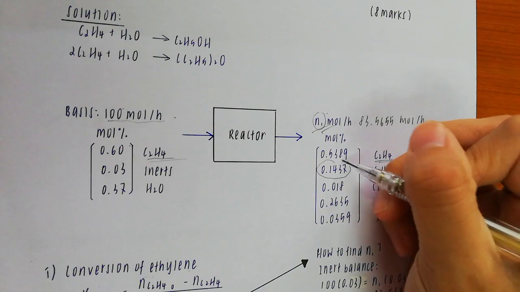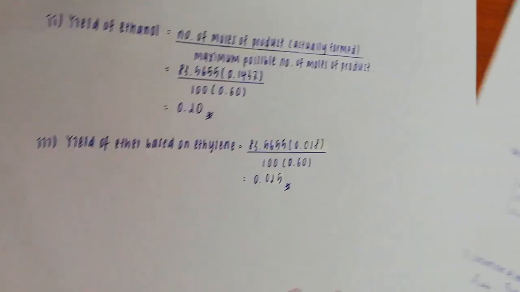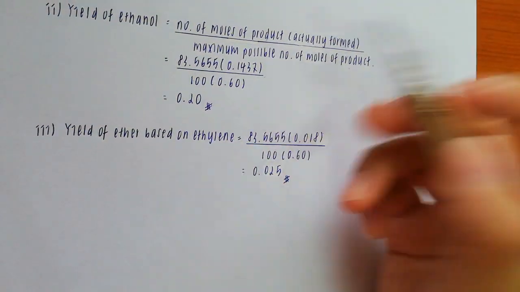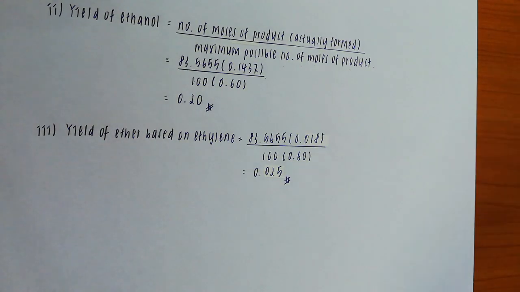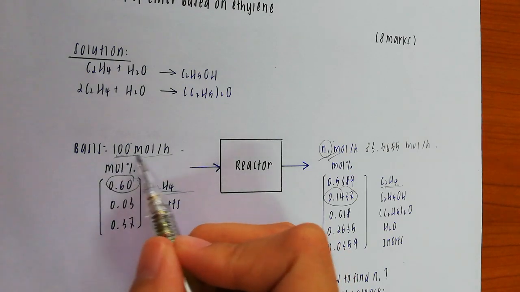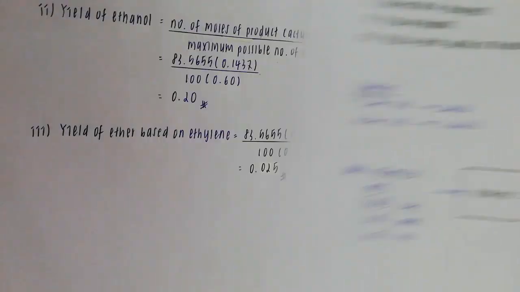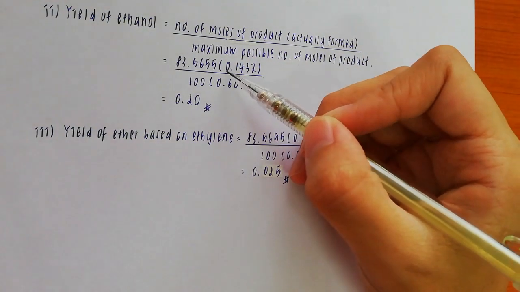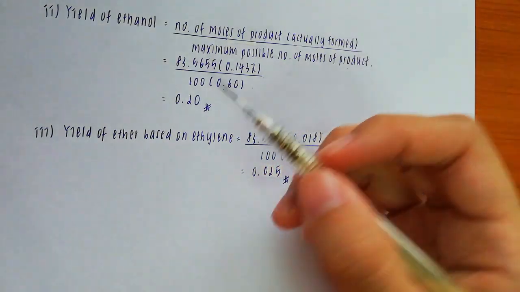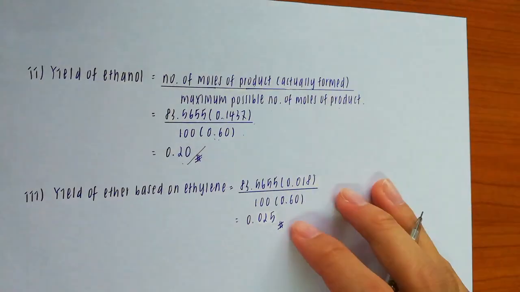So N1 times 0.1437 divided by the maximum possible number of moles of product, which is here because of this equation. So N1 times 0.1437 divided by 100 times 0.6. So we get our 0.2. So this is the yield of ethanol.